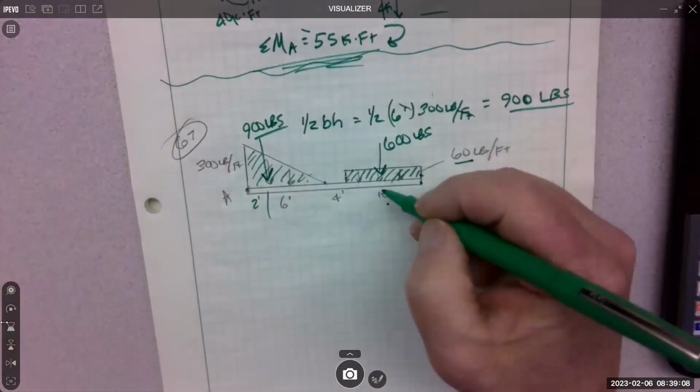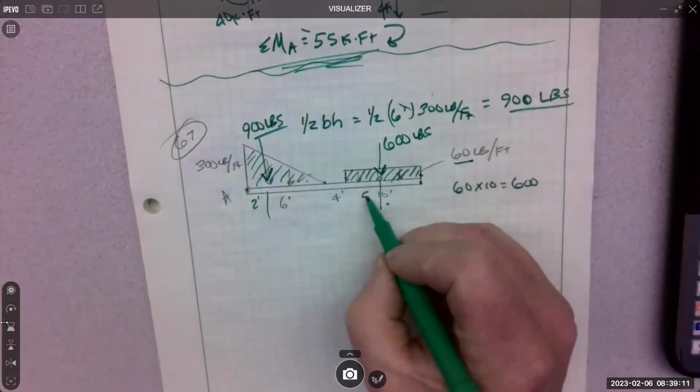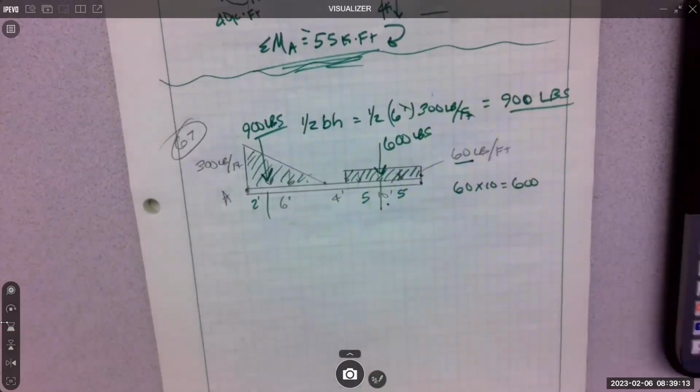Where does it get applied? 5 feet on each side, right? 4 feet is here. Once you have them concentrated, you're ready to go to work.